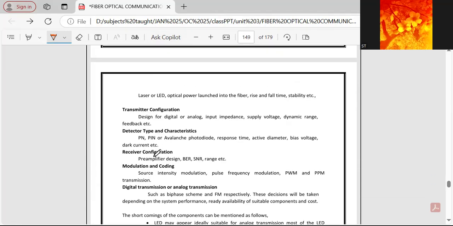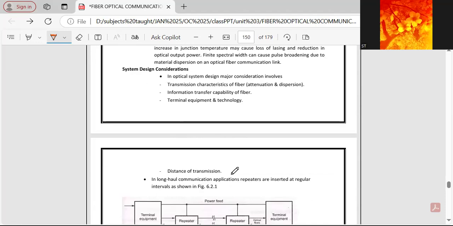We already discussed transmitter, detector and optical sources in earlier videos. Here we are just going through the discussion on system design parameters which decide the efficiency of any optical fiber communication system.